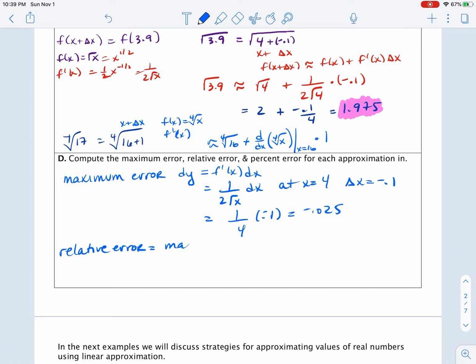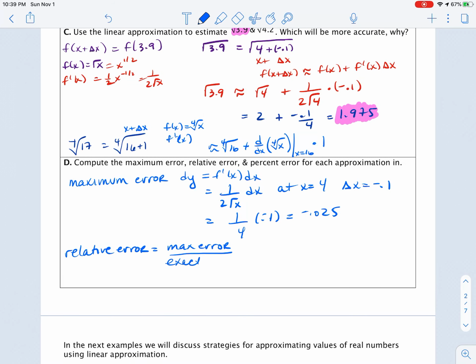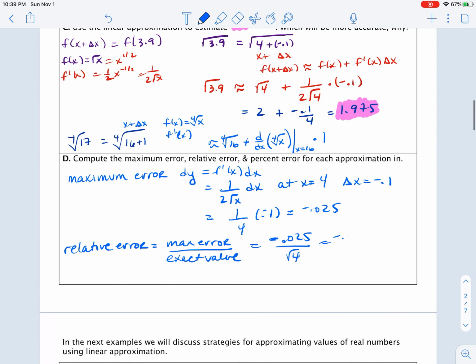So what is relative error? Relative error is going to be the max error over the exact value, right? And so in this case, it's going to be negative 0.025 over the square root of 4, because we were using the exact value of that square root of 4.